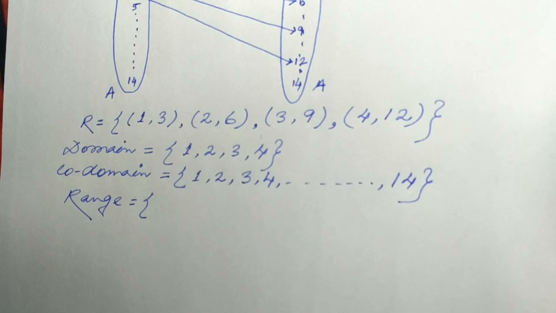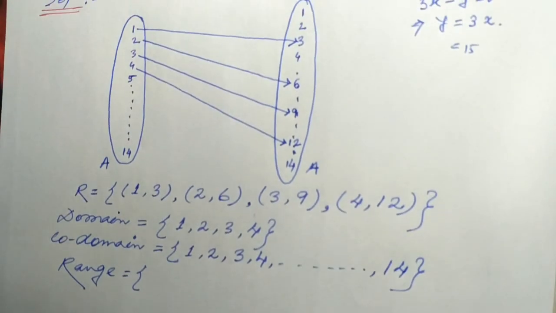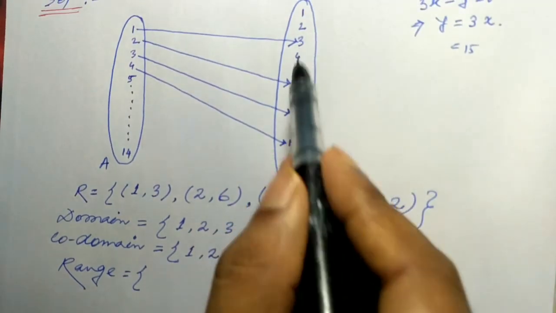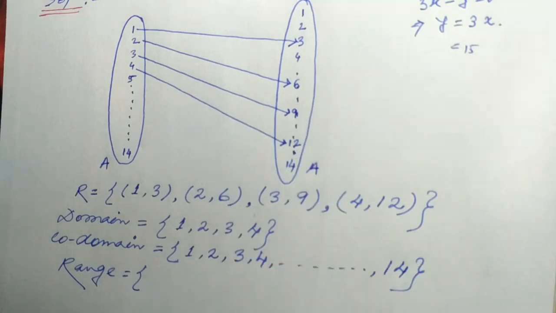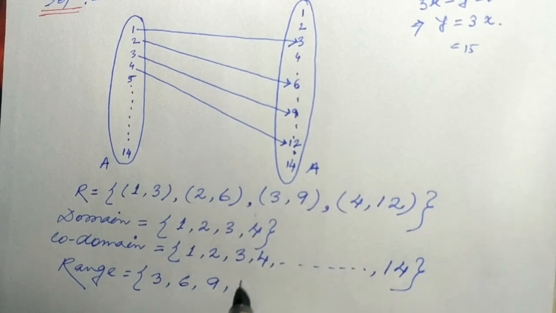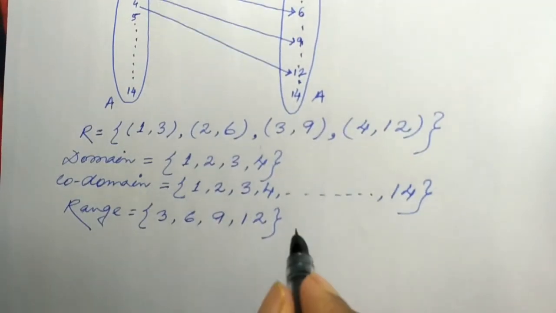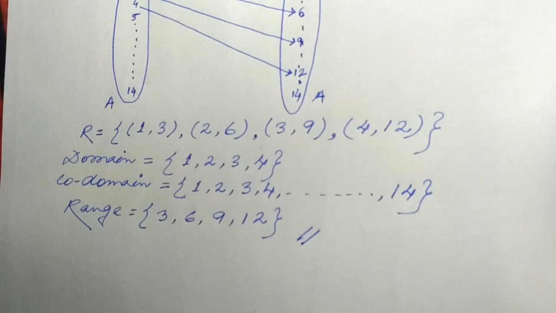The outputs that satisfy the relation are included in the range. Here our permissible outputs are only 4, and they are 3, 6, 9 and 12. Therefore our range is {3, 6, 9, 12}. This is our solution of this problem.